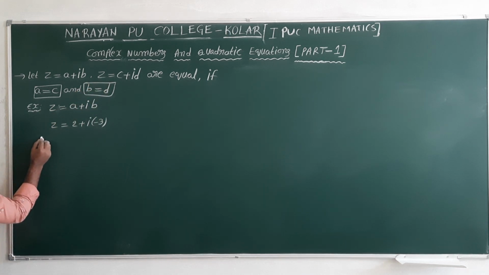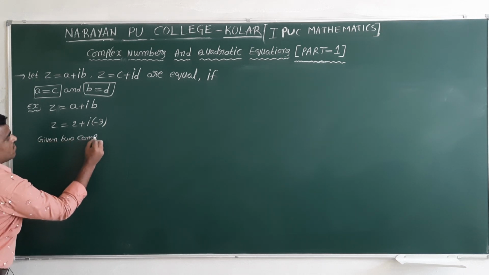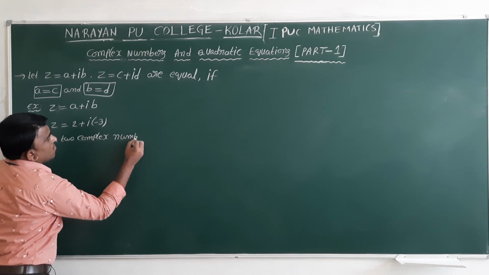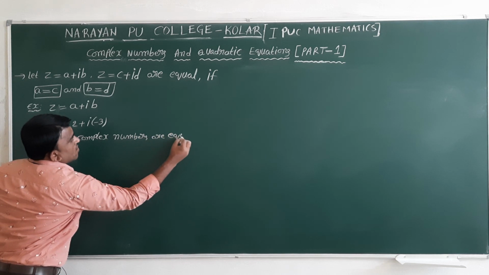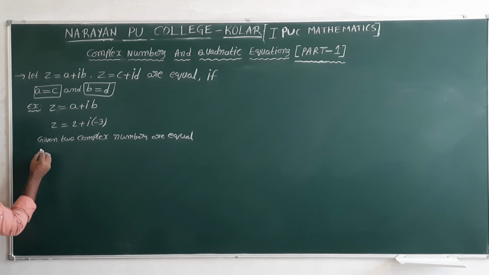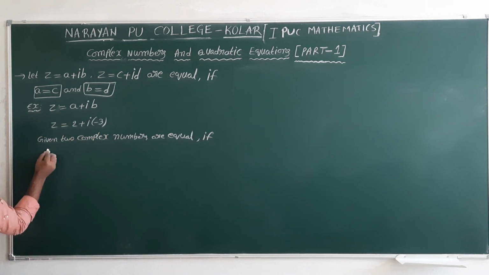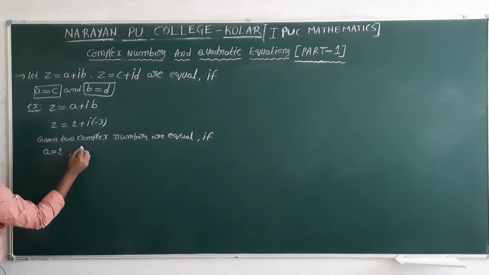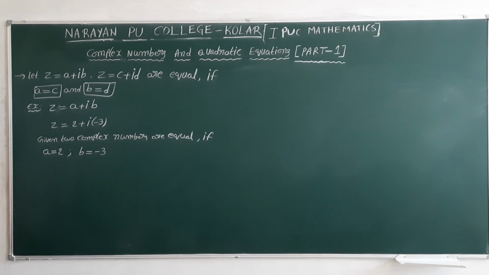So given two complex numbers are equal, a equal to 2, b equal to minus 3.